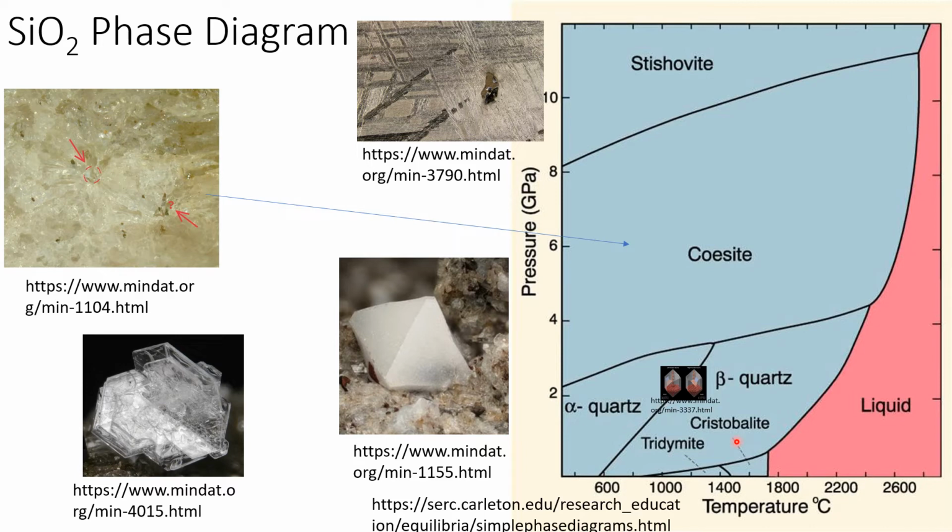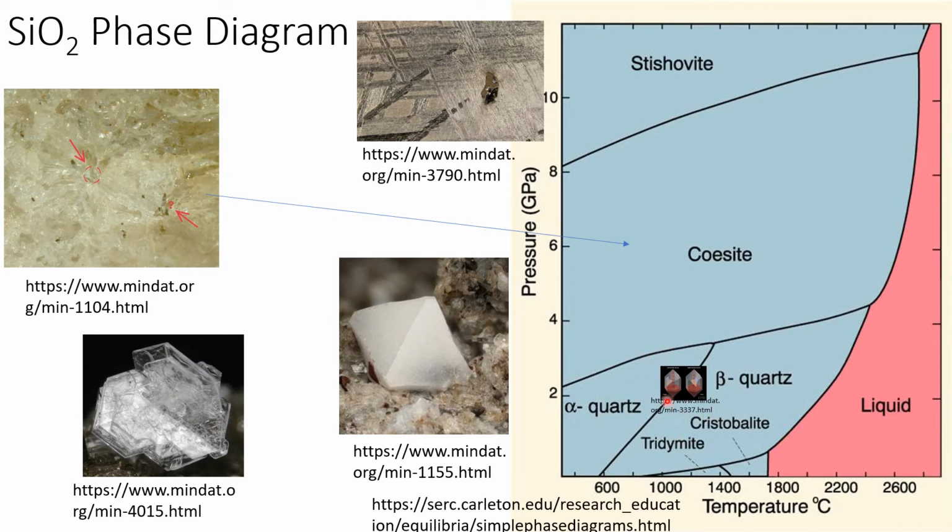I would also point out that amorphous silica is not on this diagram, because this assumes that you've reached equilibrium, and the amorphous form is really never at equilibrium in the SiO2 system.